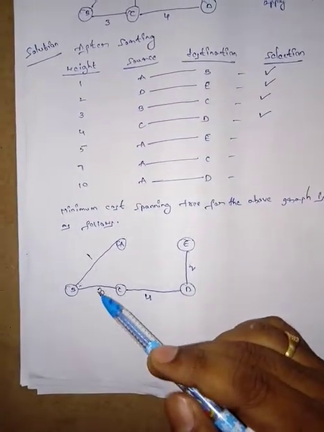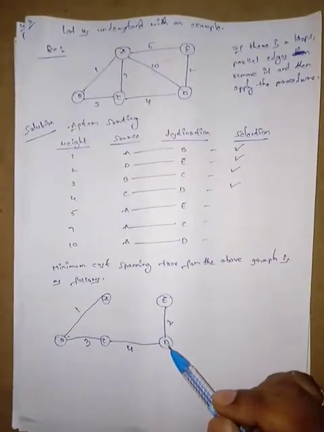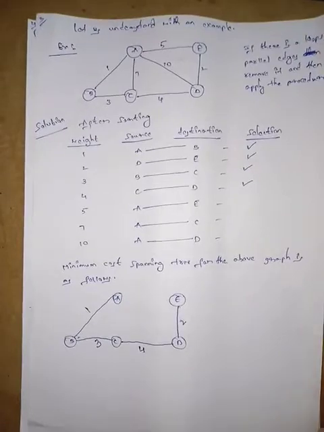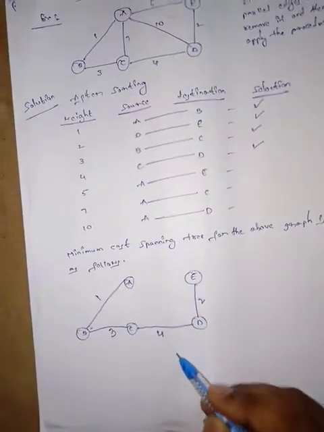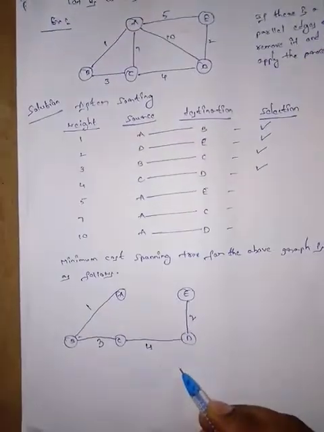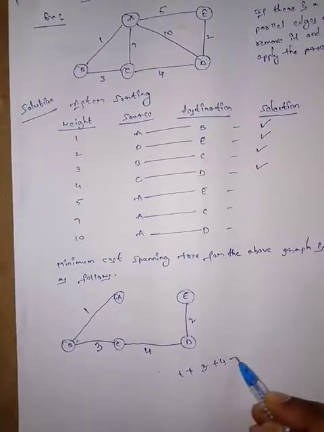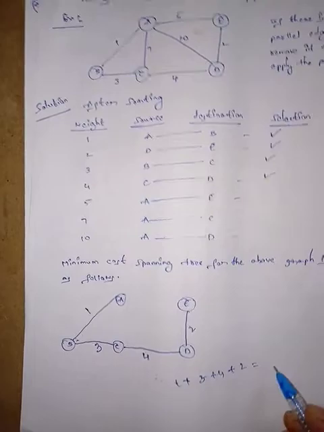We already have 4 edges, so we stop the procedure now. This is the minimum cost spanning tree for the given graph. The sum of the spanning tree cost is 1 plus 3 plus 4 plus 2: 4 plus 4 is 8, 8 plus 2 is 10.